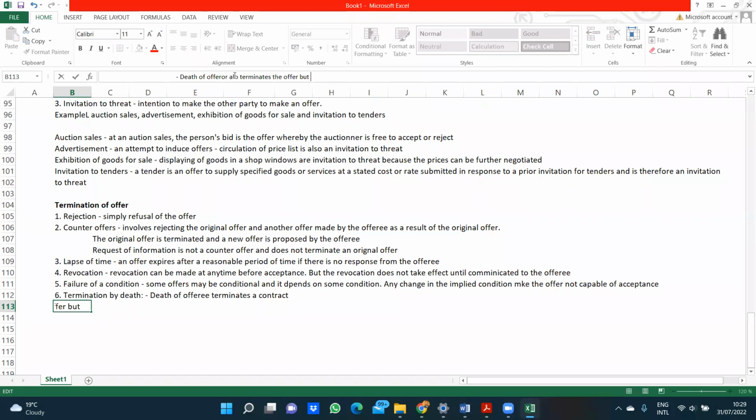But however, if it is accepted by the offeree, ignoring the death of the offerer, and the offer is not of a personal nature, the contract stands.